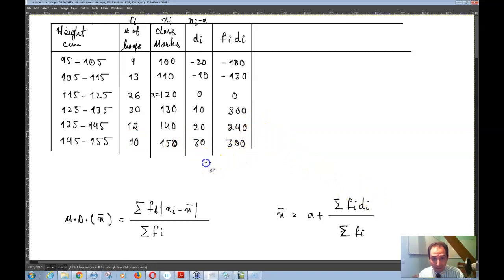And then sigma f of i d of i is equal to negative 180 and negative 130, that's negative 310, and over here you have 300. Cancel it out with this 300, you would get negative 10, and then you have another 240 plus 300, which is 540. That's 530.